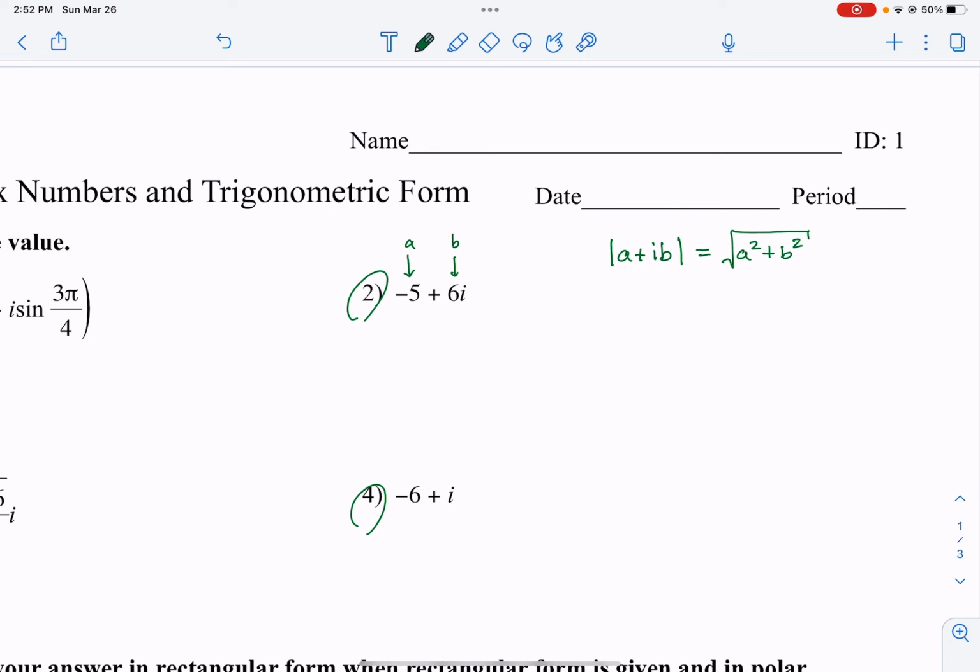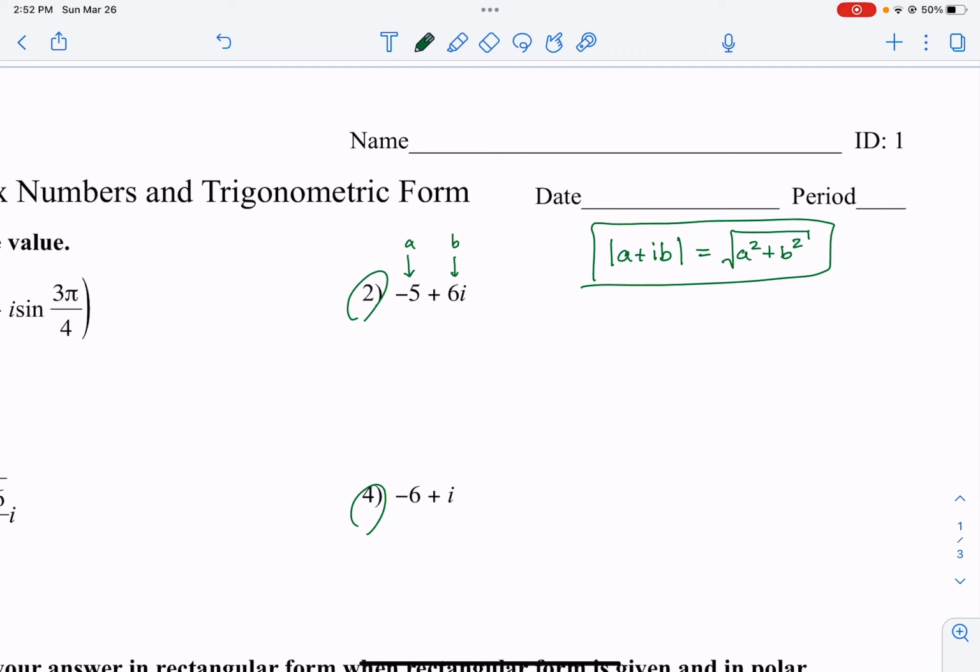It's basically just the Pythagorean theorem. You're squaring each component, adding them together, and then taking a square root. That's the formula for magnitude or absolute value. They're kind of the same sort of thing.